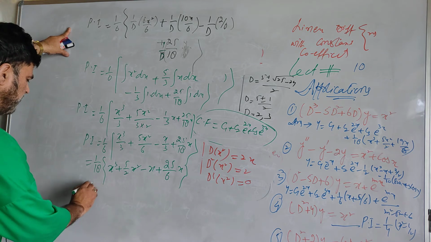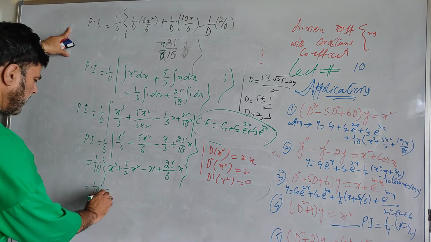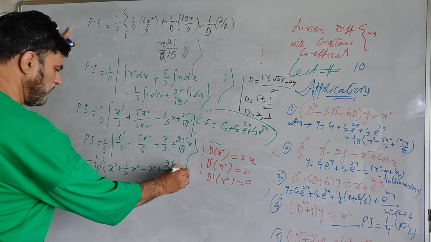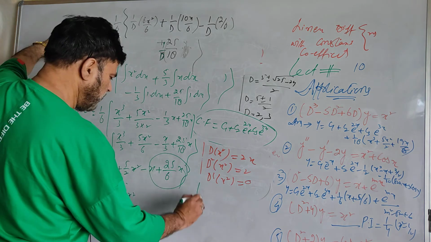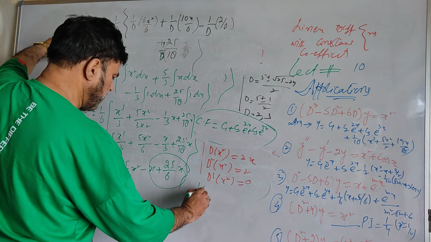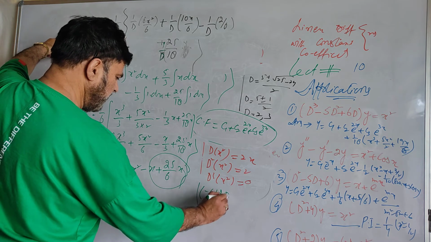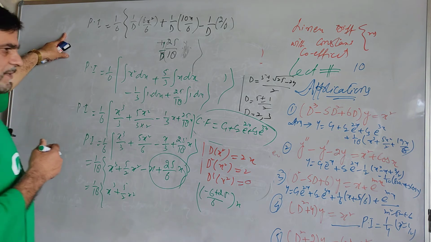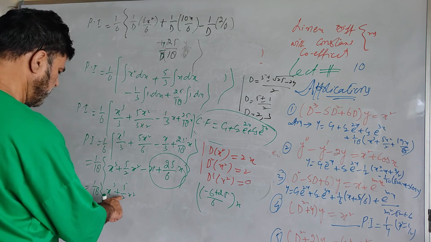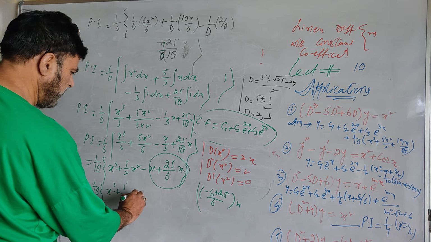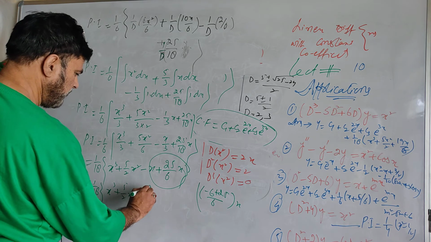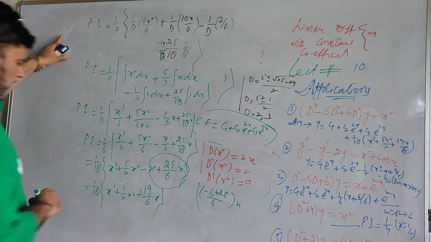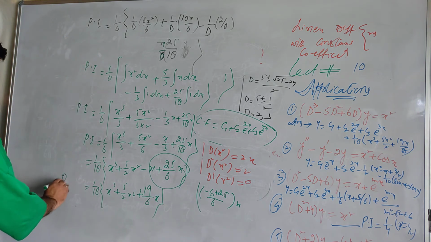Well, this will be 1 by 18 x cube plus 5 by 2 x square. You combine these two: minus 6 plus 25 by 6 x, that will be plus 19 by 6 x. Okay, this is your particular integral.